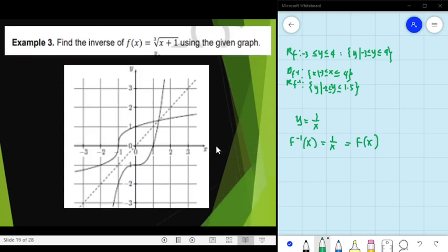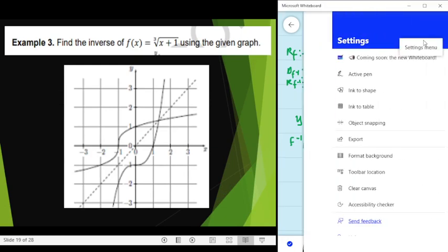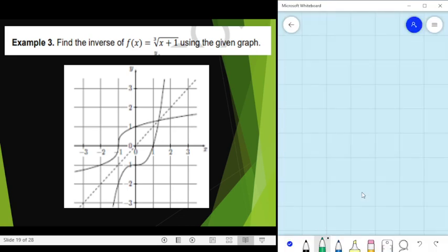Next, we are going to find the inverse of f of x equals the cube root of x plus 1. If we graph this, for example, when x is 0, y is 1. When x is 7, the cube root of 8 is 2. When x is negative 1, y is 0.